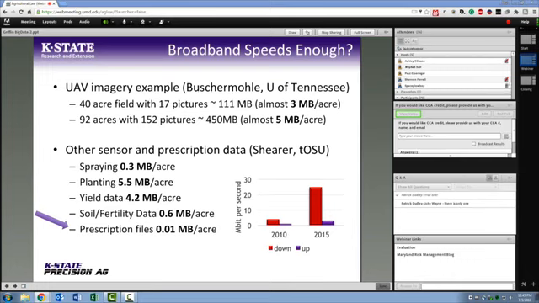It's the only one on this list that we generate in the office computer, and the rest of this list is generated in the field for later upload, or in some cases real-time upload to the cloud. And so in agriculture, we're trying to upload a lot of data, and we're downloading very little data, and when we do, it's very small files. So we're playing against the natural industry ratio of upload and download speeds.